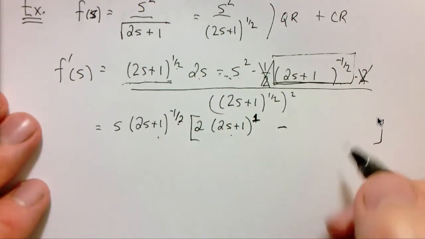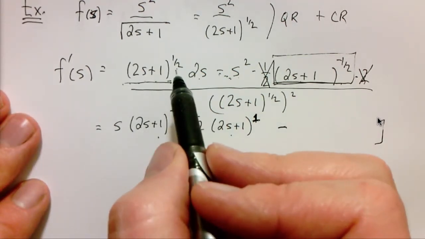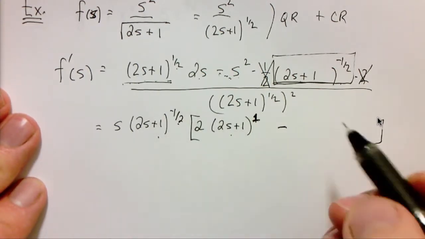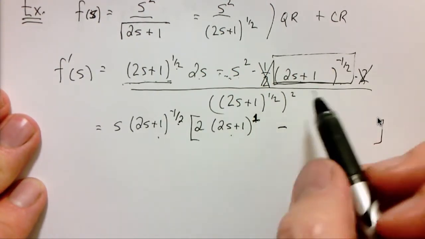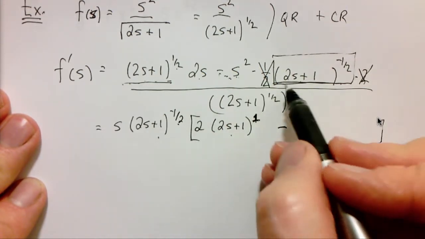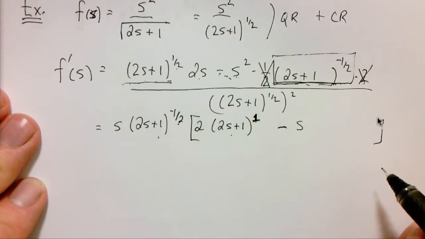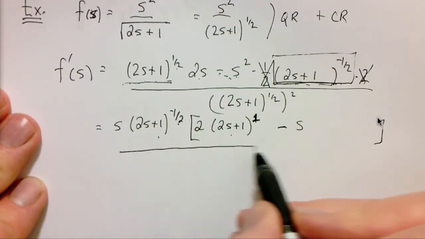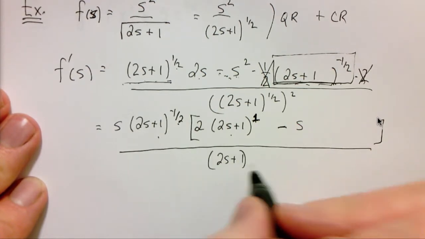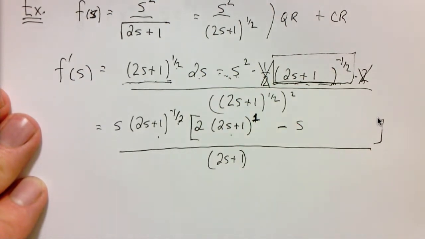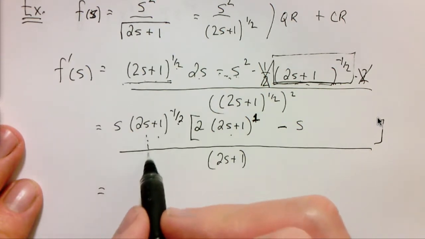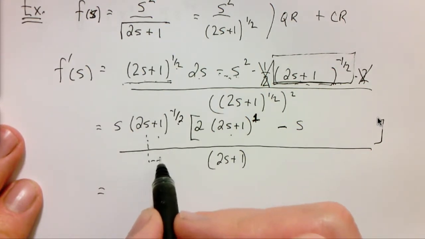Some people like to say, well, if I take out minus 1/2 of these and I have 1/2 standing there, then I get 1 left over. On the other side of our minus sign, I took out 1s, so there's still 1 remaining, and we took out all of these 2s plus 1s. Downstairs, we've got 2s plus 1 to the 1/2 squared, or just 2s plus 1. Let's see where this goes. I'm going to take this guy, since it's a negative exponent, bring it down to the denominator.